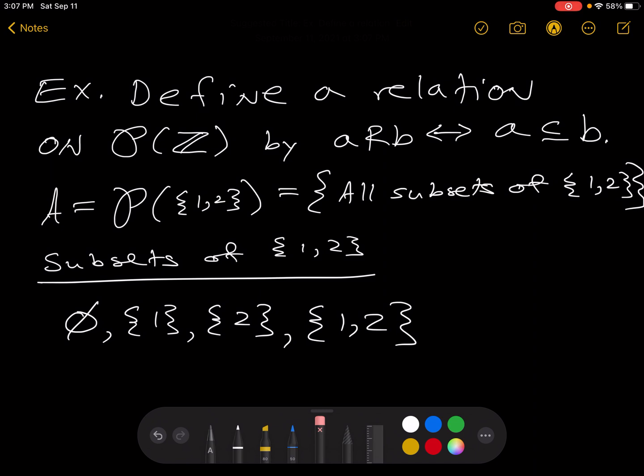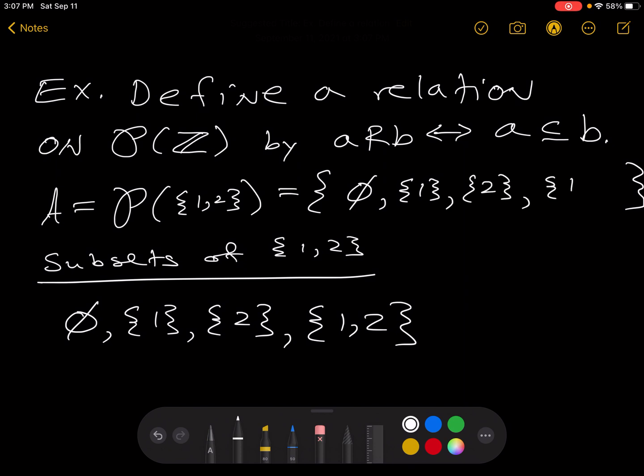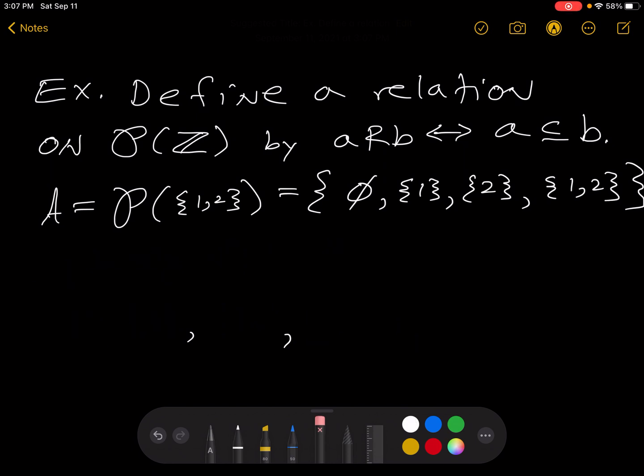So the power set of the set containing 1 and 2 is the set whose elements are the empty set, the set containing 1, the set containing 2, and the set containing 1 and 2. And we're going to use this same relation right here, right?